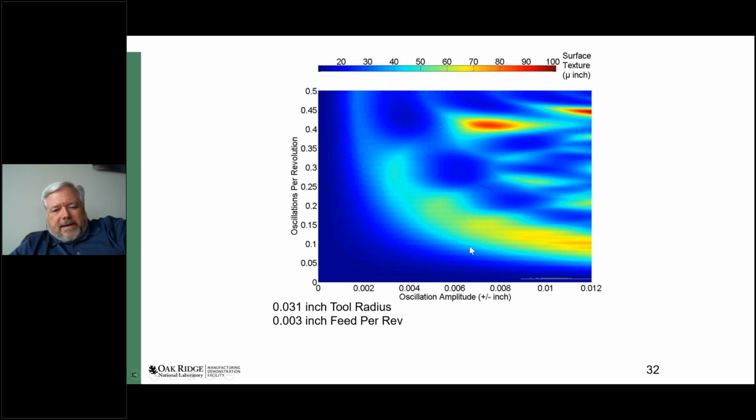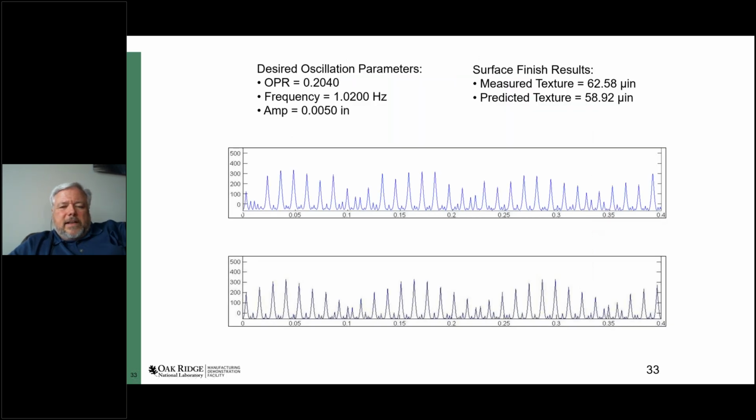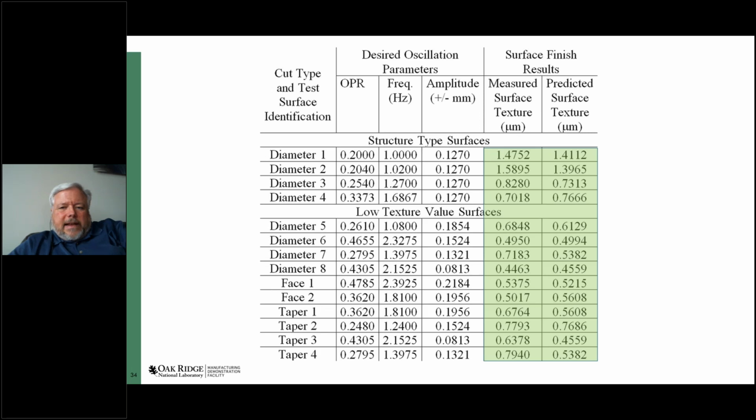There's another good spot down here at about 6 thou and 0.3 waves per revolution. And they sort of go along a curve here because the timing is right to act like a wiper. That's why it is like that. So if I look at those surfaces, I can predict them, and what we measure comes out pretty close to the prediction.